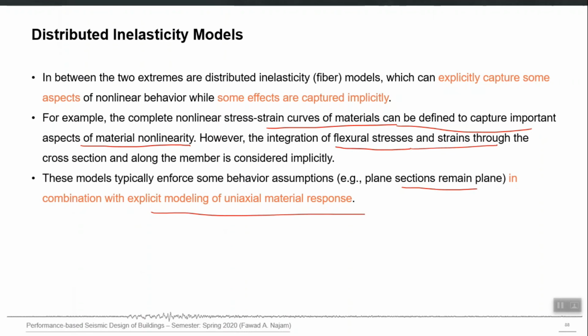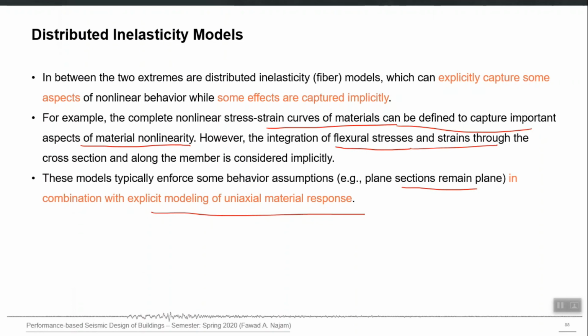So the basic idea in these models is that you still define a nonlinear material stress strain curve for your material, just like the continuum models, but you do not discretize your full structure into very small three-dimensional elements. You use some simplified elements, sometimes called fiber elements, to define nonlinear material behavior in your computer model, right?